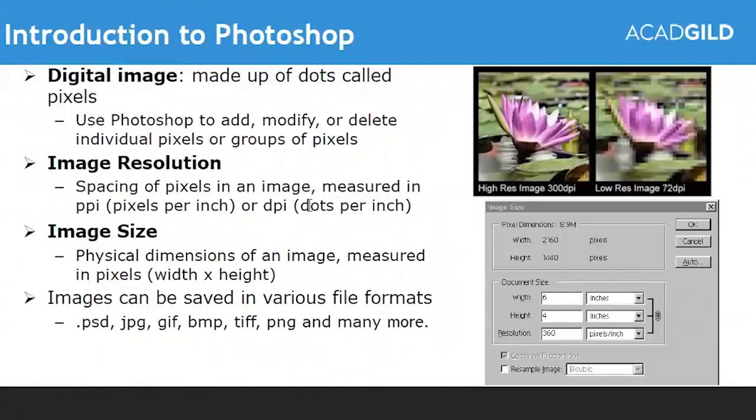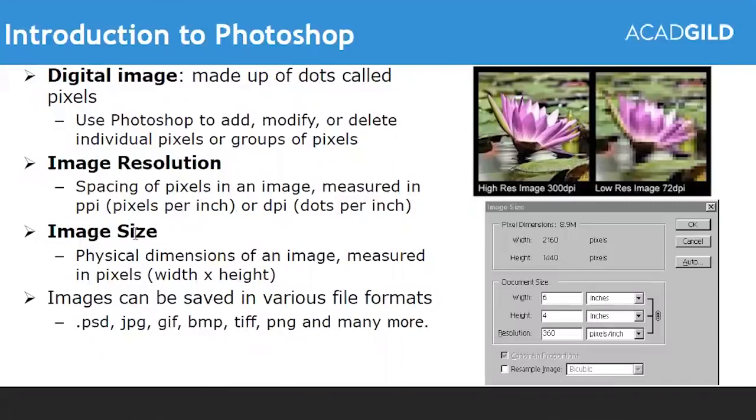So if someone asks what is LPI, you can easily say LPI stands for lines per inch, and LPI is our monitor resolution. PPI is our image resolution, DPI is called print resolution, and LPI is our monitor resolution. You need to know about these three resolutions.